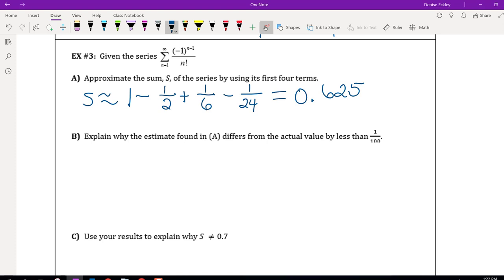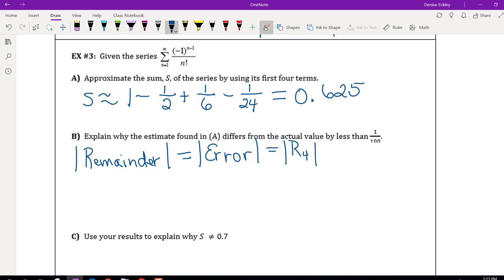Now I'm being asked to explain why the estimate in Part A differs from the actual value by less than 1/100. So what I'm really looking for is the boundedness of the remainder. So I'm looking at the absolute value of the remainder. I'm going to say that is my error, because that's what it's saying. We're looking for our error. So we're going to call this R4, and that is going to be equal to our actual S minus our S4.